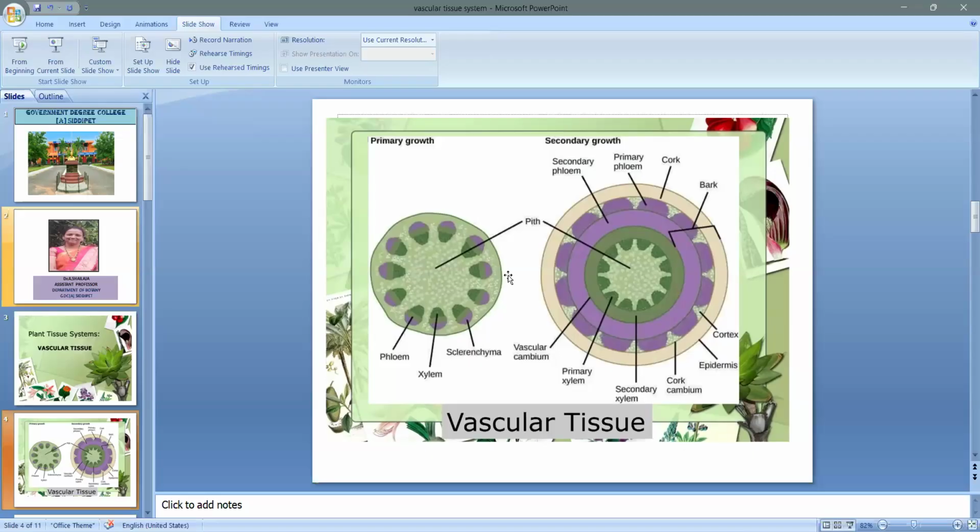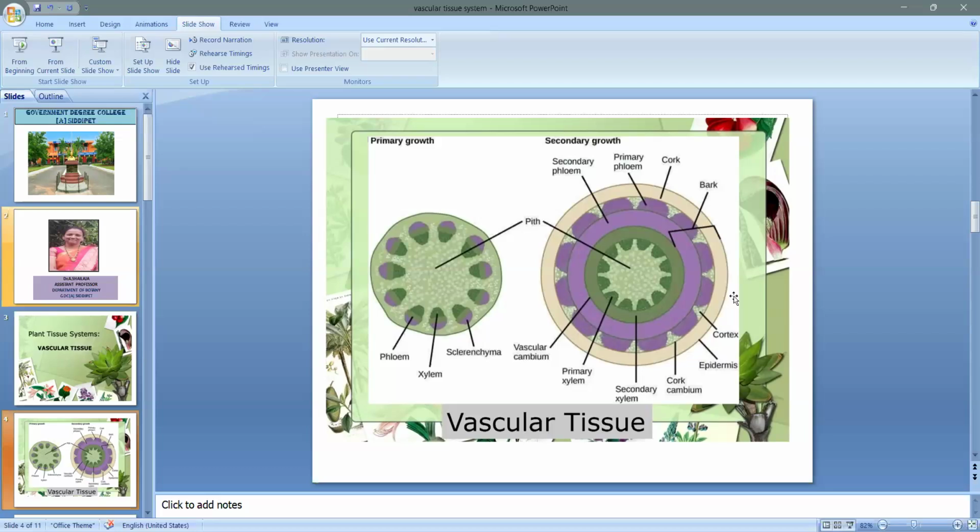The arrangement of vascular bundles is variable in different plants and different parts of the same plant body. They may be arranged in the form of a circular ring, as you see in this diagram, as in the case of roots and the dicot stem. They may be found scattered throughout the stem as in monocot stems.